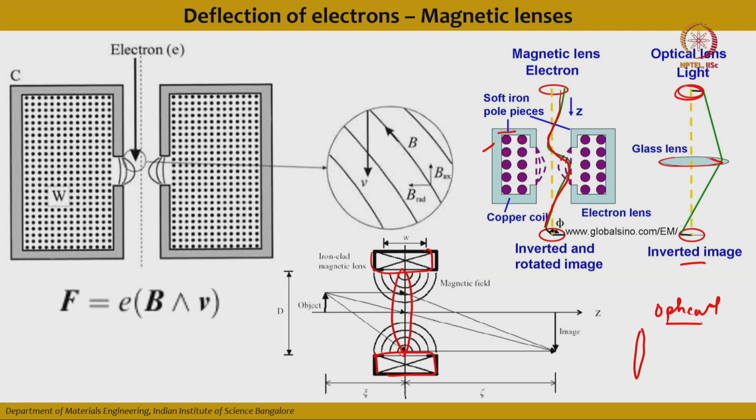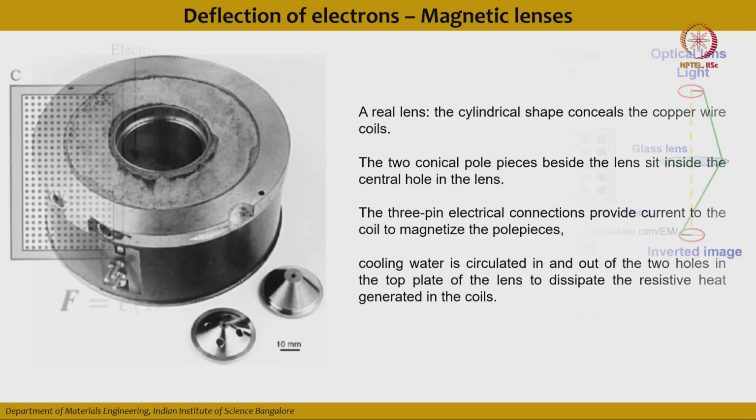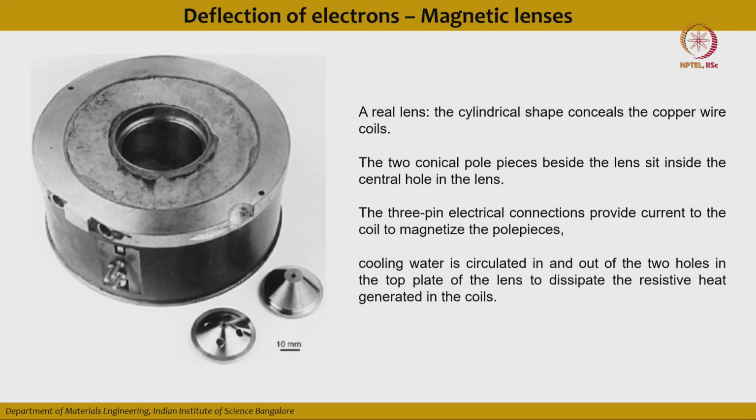This is how you can visualize it in an optical system: if you use this electromagnetic lens, you are doing the same thing as light focusing, and you are focusing the electron beam by using the electromagnetic lenses. This is just to visualize. Now, this is the typical electromagnetic lens.